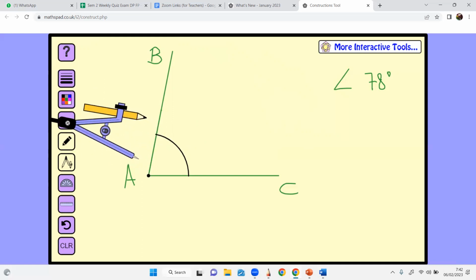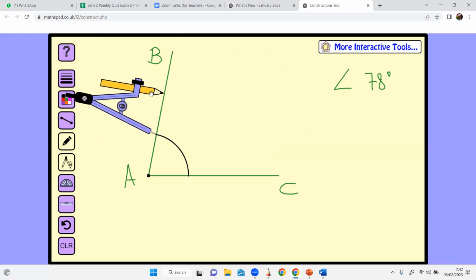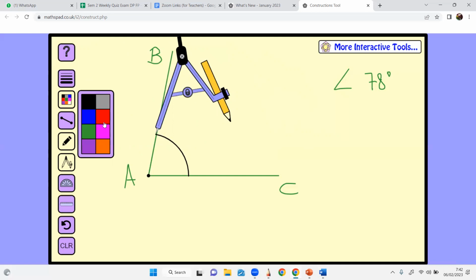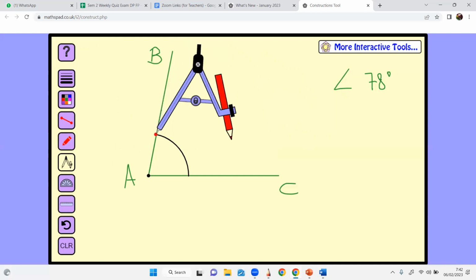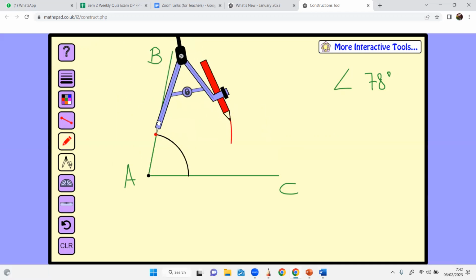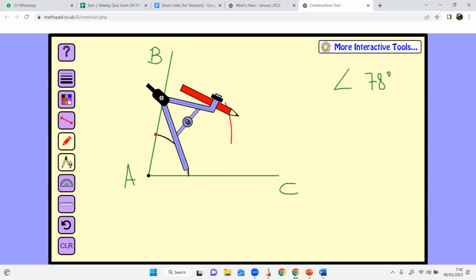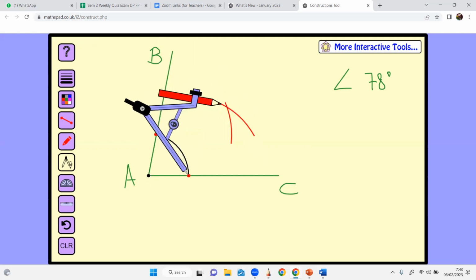Move the needle here, extend a bit so you can see it clearly. And I use the red color. Create an arc here, one. And you move without changing the distance. You move here, make an arc here. Get the idea, guys? And then what next? Connect the dots here to that. And this is the angle bisector. Done.